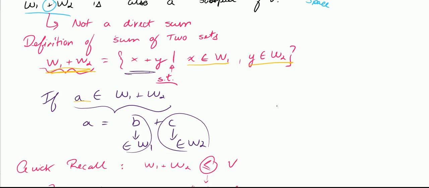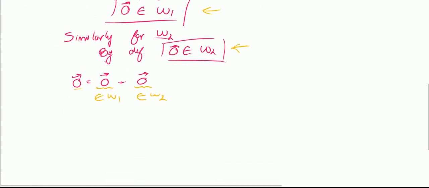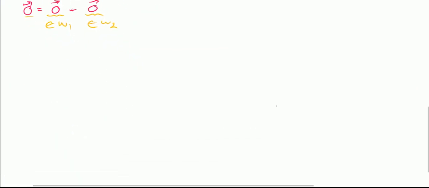Okay, well, if I go back to my definition of the sum of sets, I said if A belongs to W1 plus W2, then A can be expressed as B plus C, where B is in W1 and C is in W2. So it's kind of the same thing here.